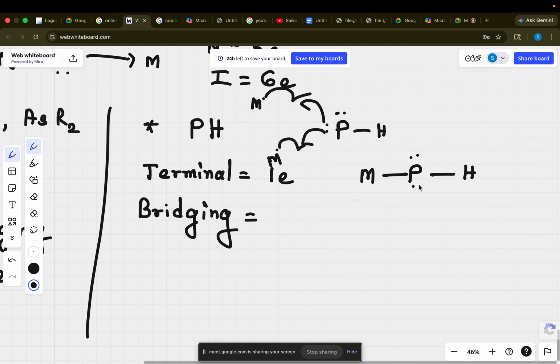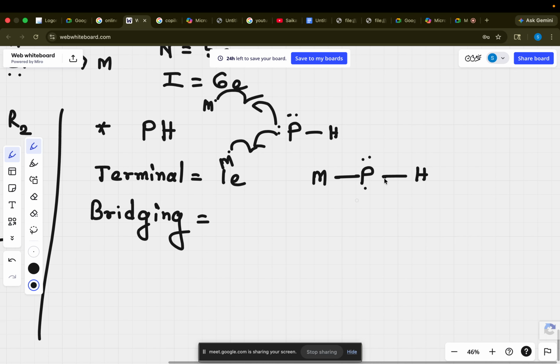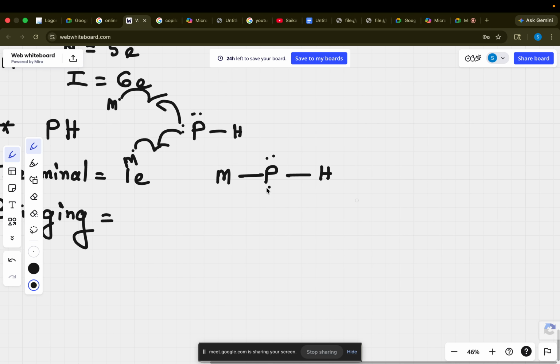So this is your terminal ligand. Now if it donates that odd electron to the other atom, it is forming a bridging ligand. So I have to show it like this. This is your mu2 pH.